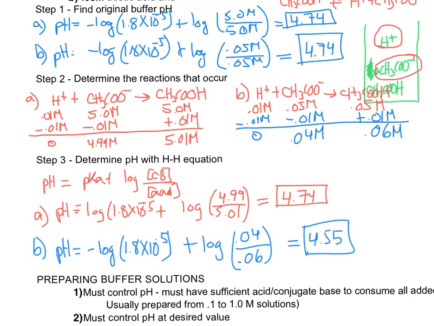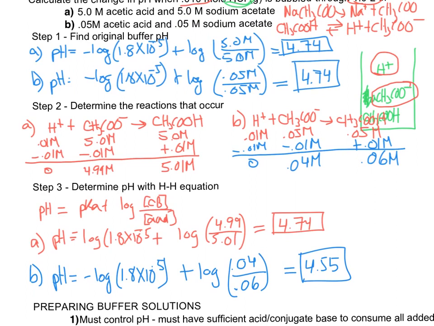My first buffer in A was 4.74 initially, and remained as 4.74. My second buffer started out as 4.74 and went down slightly to 4.55. Not a significant difference. A significant difference would probably be a change in pH of 1. So it's not significant, but it definitely changed.